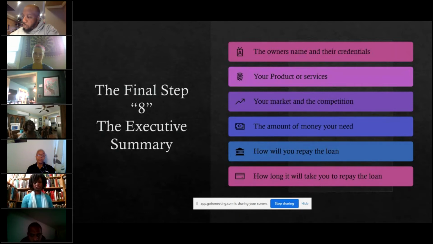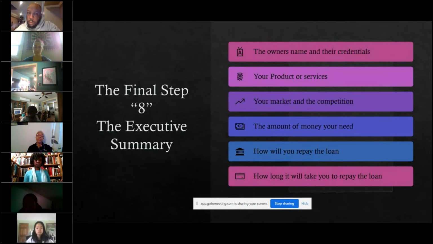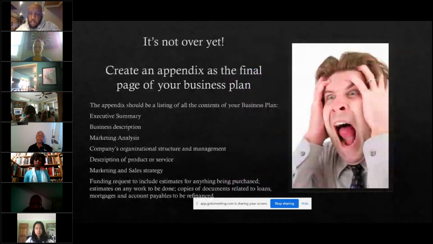So this is your introduction to your business plan. You want to start off with the name of the business, the name of the owners, and their credentials, what your products or services are, how you're going to market it, the amount of money that you need, how you plan to repay the loan, and how long it will take you to repay the loan.